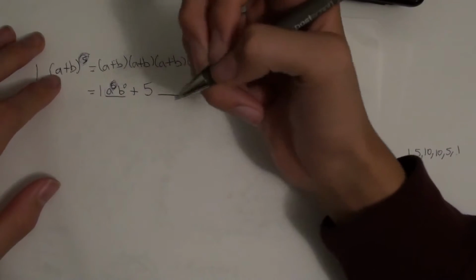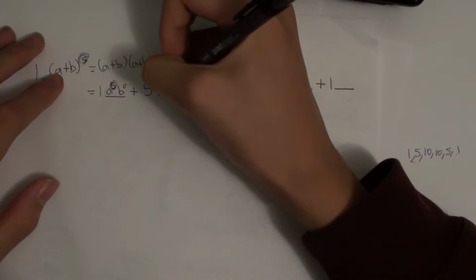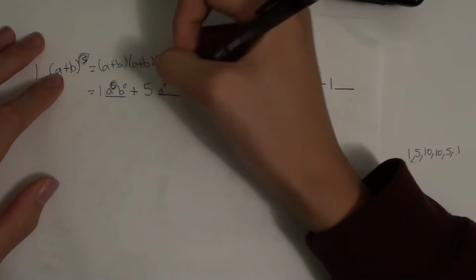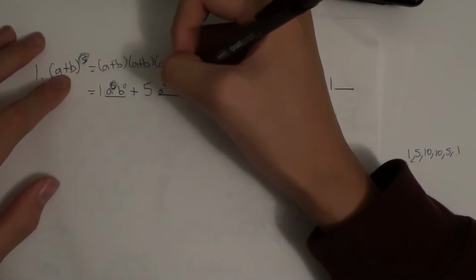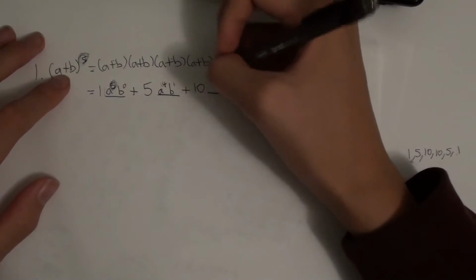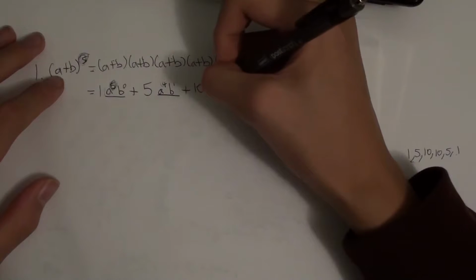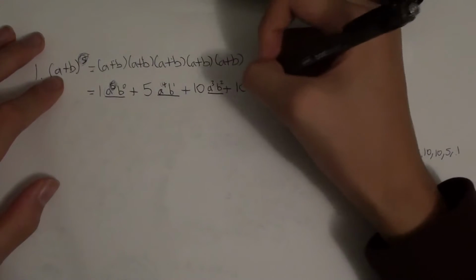And next, the exponent of a decreases by 1, so a to the power of 4. b is equal to 5 minus this 4 right here, so b to the power of 1. a is to the power of 3 because it decreases by 1, and b to the power of 2.